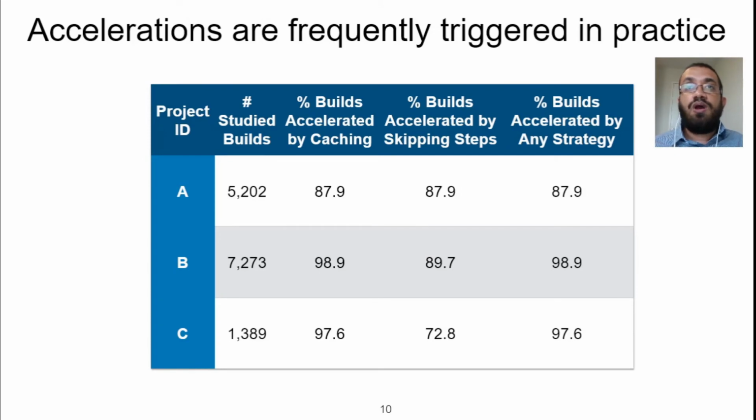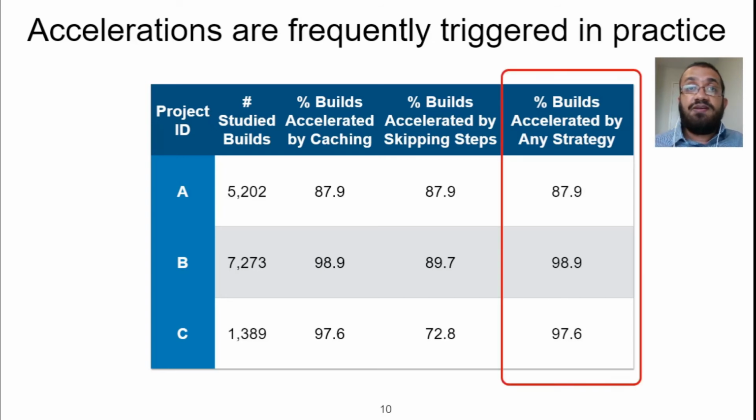First, to find out how often these accelerations are activated in practice, we looked at the logs of builds run on Kotinos during the period of 4 months. We found out caching is the most common technique, and 87% or more of the builds are accelerated by at least one technique, showing Kotinos is beneficial in practice most of the time.